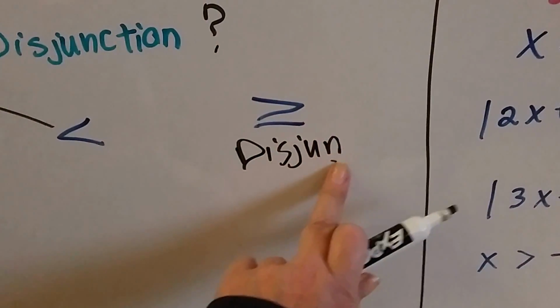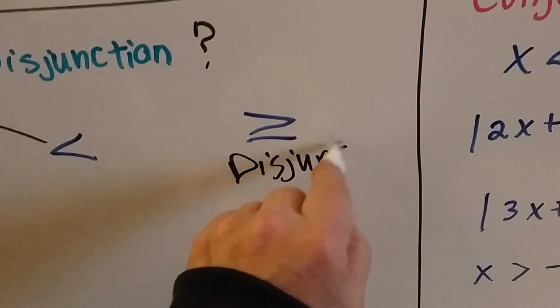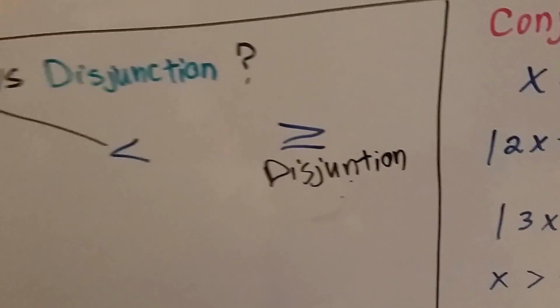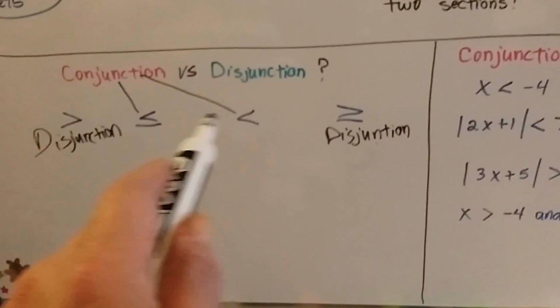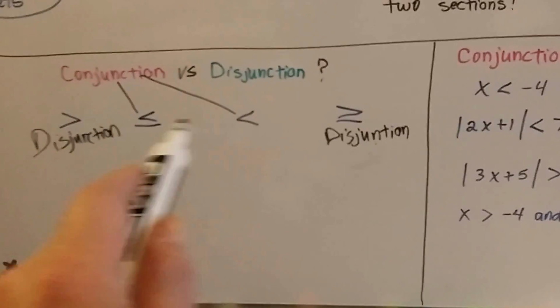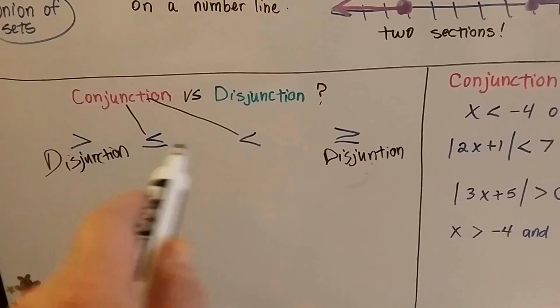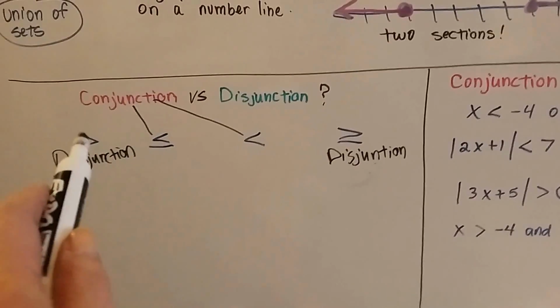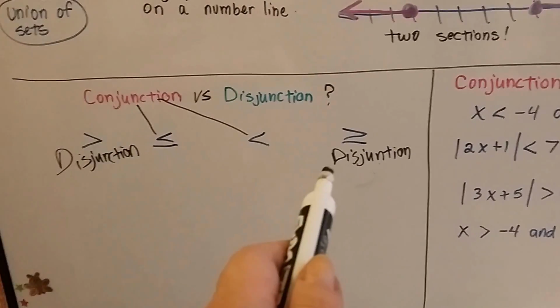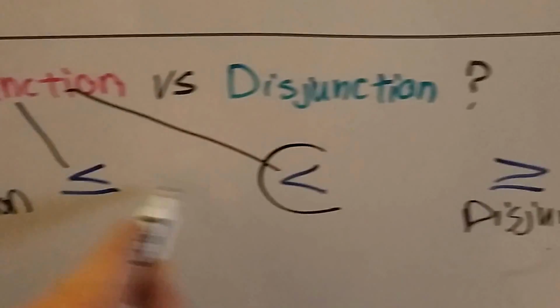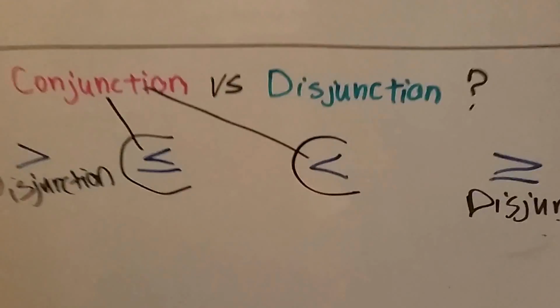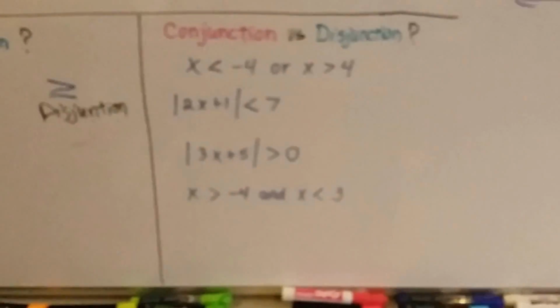Okay, so if it faces the same way as the letter C, it's a conjunction, whether it's equal to or not equal to, see? If it's facing open that way, it's a disjunction, okay? These face the same way that the letter C faces. See that? Conjunction.